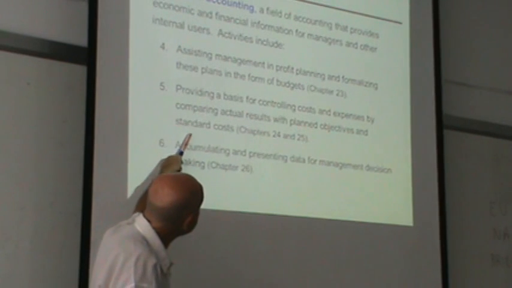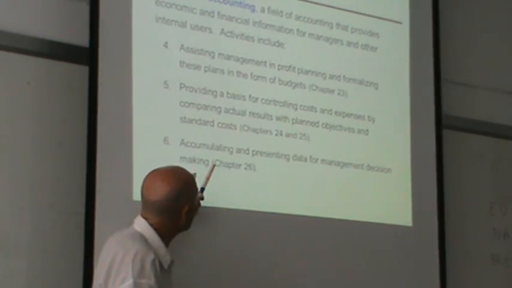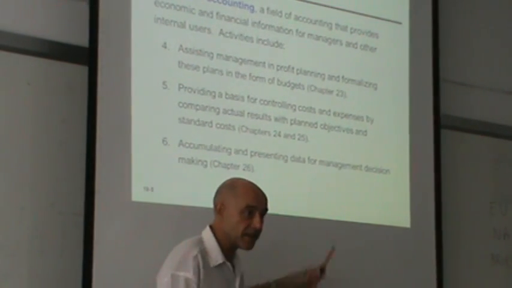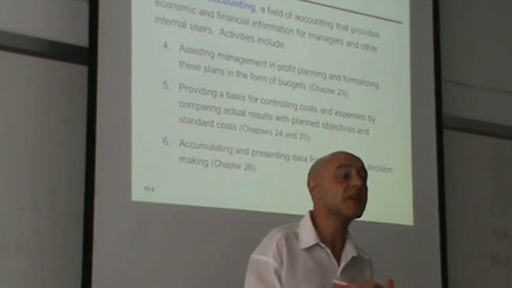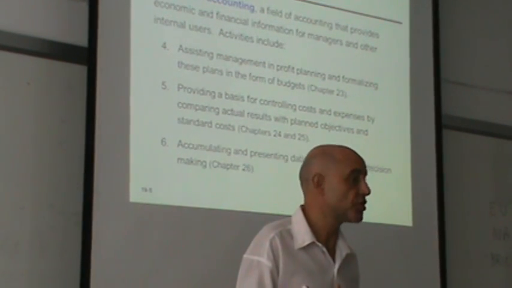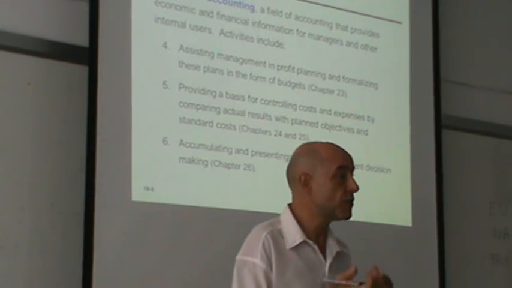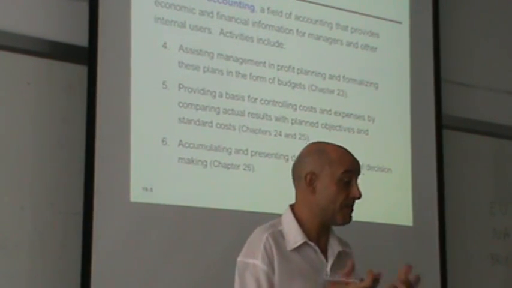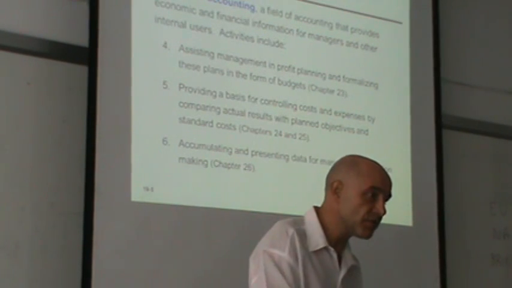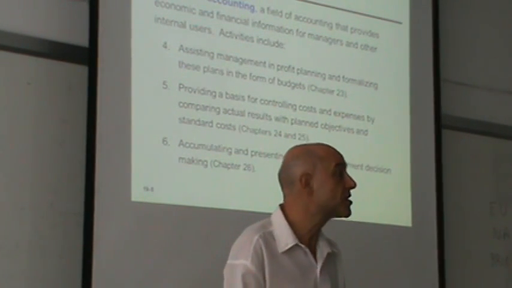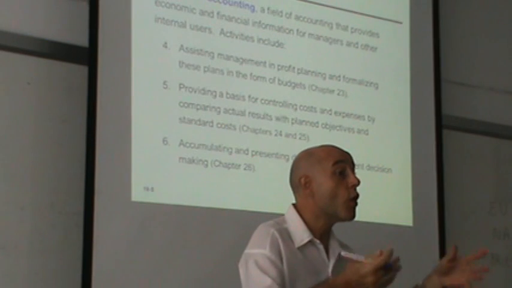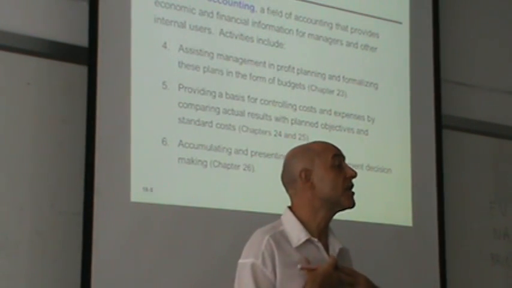Next one. Let's see. Accumulating and presenting data. This in business they call it reports. So you want to have what's called an internal report. You give to management a report about revenues, our customers, our profits, about whatever management needs.